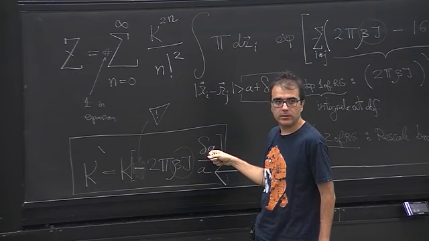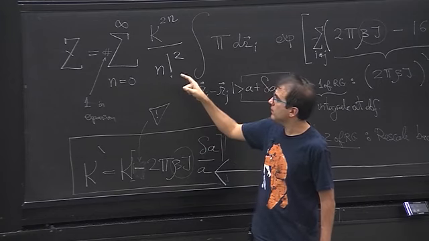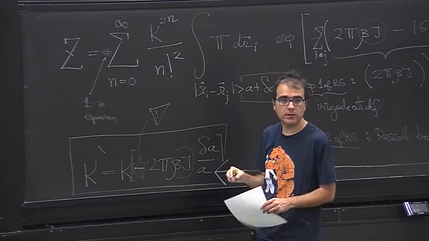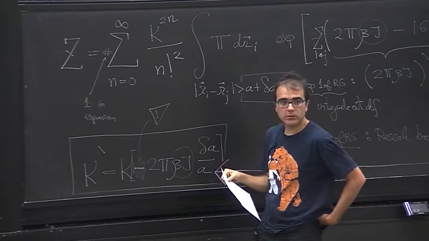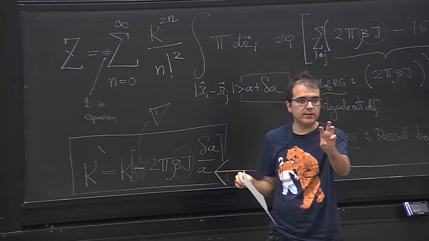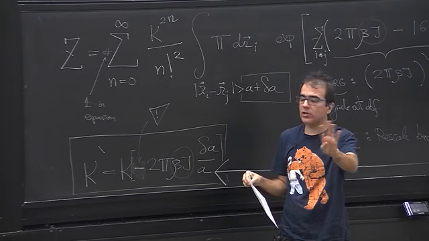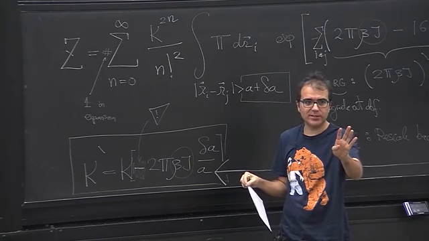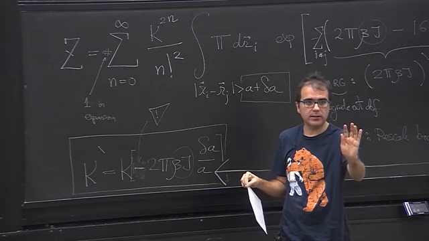Now, can you repeat how you got to that k prime? Because k itself depends on a, right? It's exponential log of 1 over a, right? Shouldn't that also contribute? No, no. K is whatever k is. It's a number. It's my chemical potential, right? I think you are doing active and passive at the same time. You are doing too many transformations. So k is k.